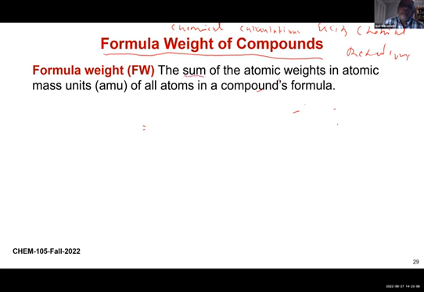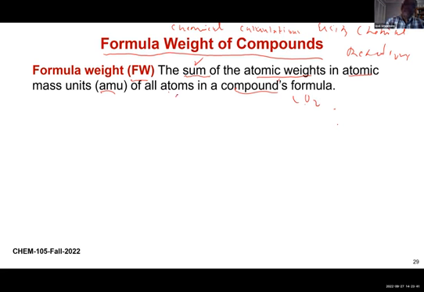Formula mass or weight is obtained by adding the sum of the atomic weights, in atomic mass units, of all atoms in compounds. A compound is like carbon dioxide.